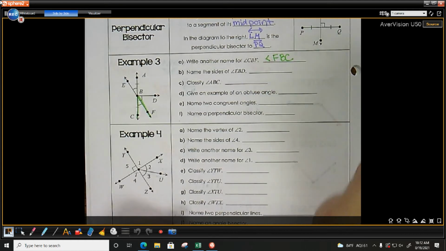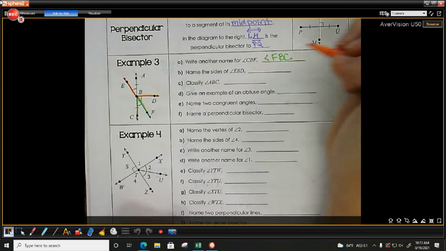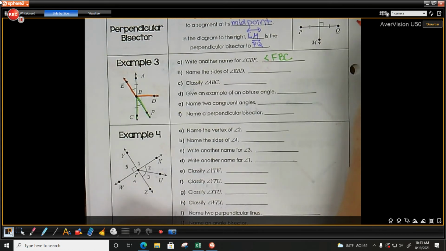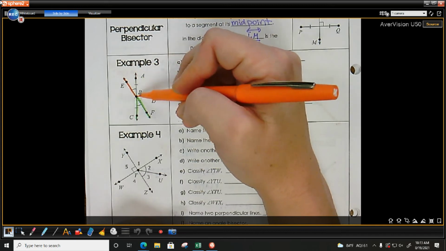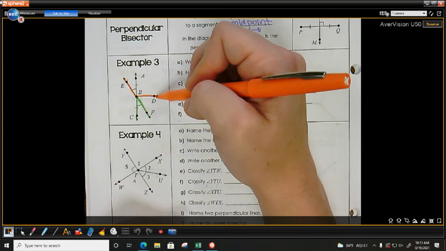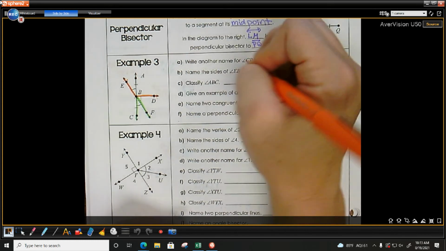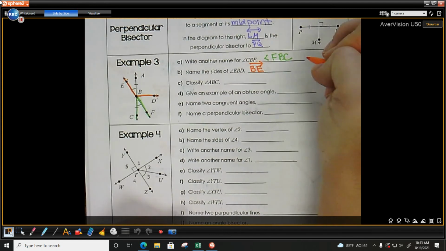Name the sides of angle EBD. What are my sides of angle EBD? BE and BD. Why am I putting the B first? Because I want my ray to look like that. BE and BD.